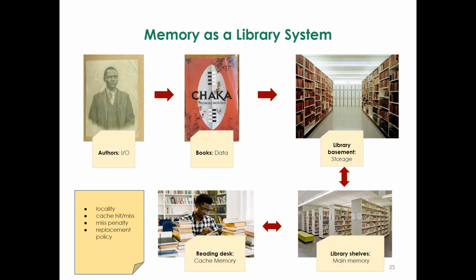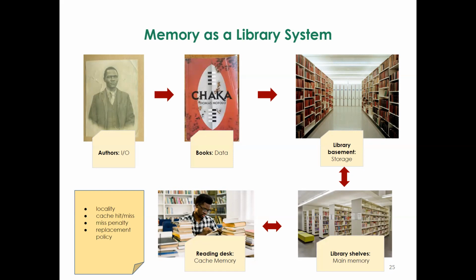So because of that principle, it makes sense not to go to the shelf, or not to go to main memory, and retrieve only one memory word, because you're wasting memory cycles.